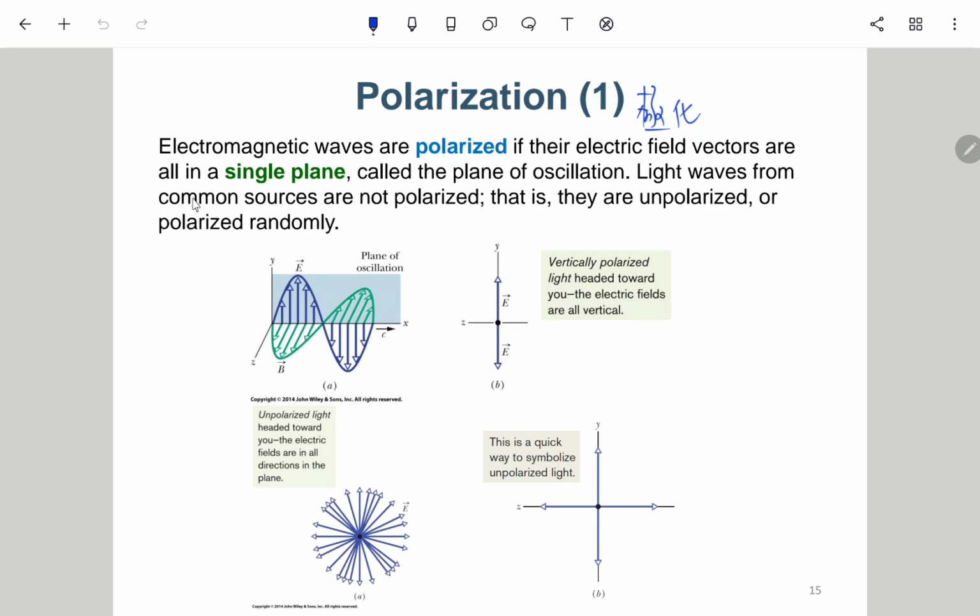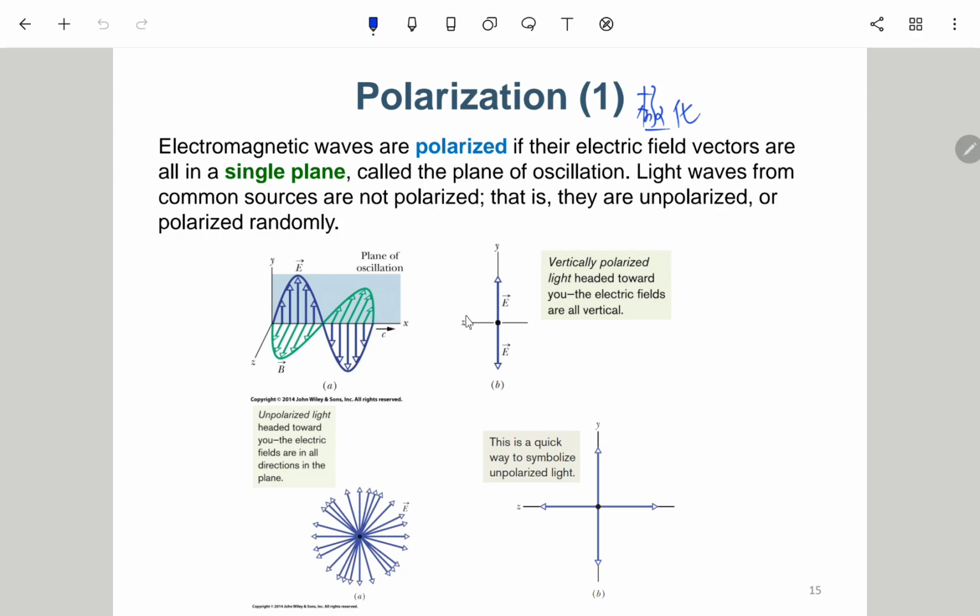Light waves from a common source are not polarized. That is, they are unpolarized or polarized randomly. If there is polarization, then the E field only oscillates in this direction, and the B field, which must be perpendicular to it, oscillates in the other direction. The propagation direction is either into or out of the page, depending on the direction of E cross B. So this one we call a vertical polarization.